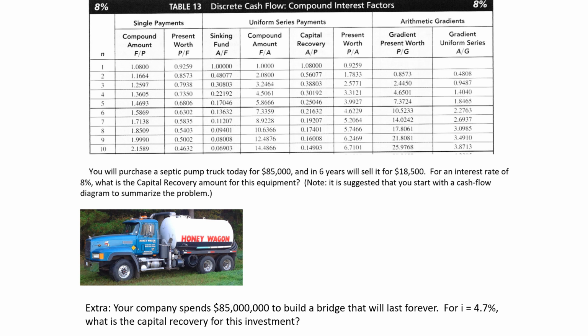So when we combine them, one is an outflow, one is an inflow, so they need to be subtracted. All right, so let me pause and give you a chance to use these factor tables here to find out what's the annual equivalent of the purchase price, the salvage value, and then combine together the capital recovery.